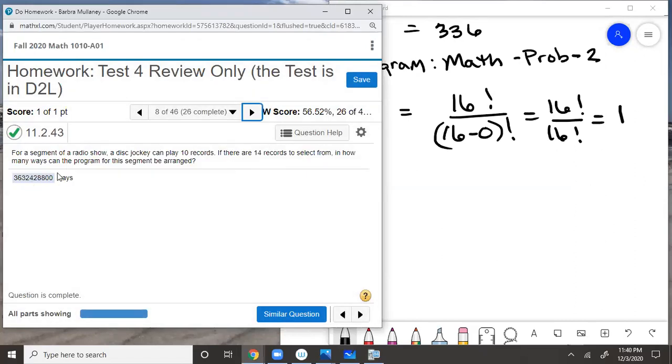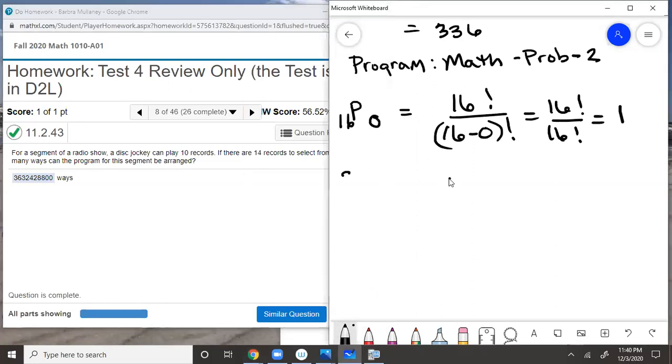Problem number 8. For a segment of a radio show, a disc jockey can play 10 records. If there are 14 records to select from, how many ways can the program for the segment be arranged? Okay, now in this problem, number 8, this is an arrangement. Okay, that's a key word here, which tells you whether or not the order matters.